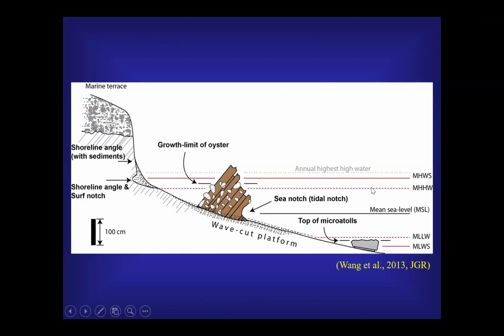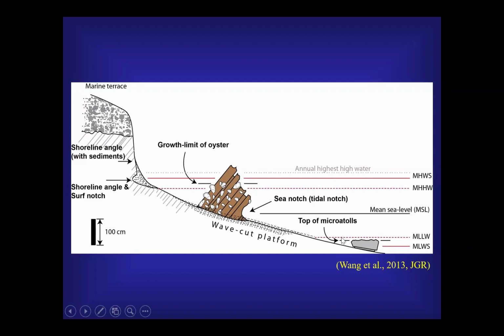Okay, and also because on the western coast of Myanmar, the tide level is about 3 to 4 meters, we also need to pay a lot of attention to what kind of materials we are looking at. For example, oysters grow up to the high tide level, and the corals grow only to the low tide level.